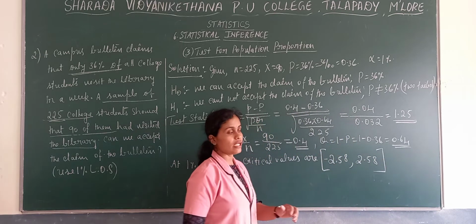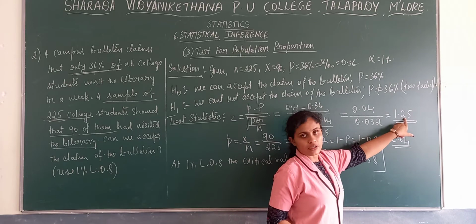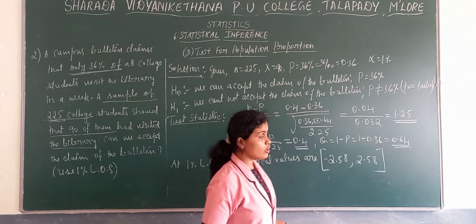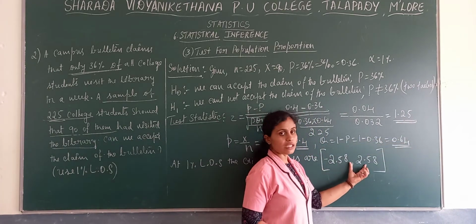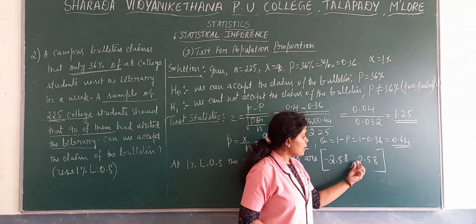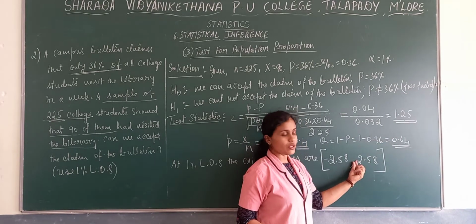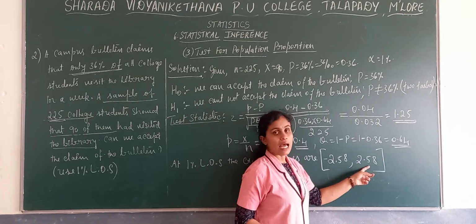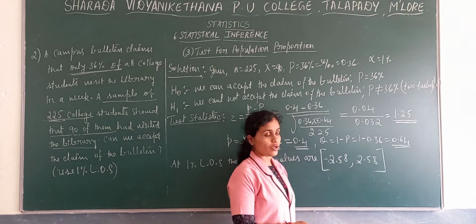Now see the calculated value. We got the calculated value as positive 1.25. We need to check whether it lies between these two values. If we check, 1.25 lies between minus 2.58 and positive 2.58.